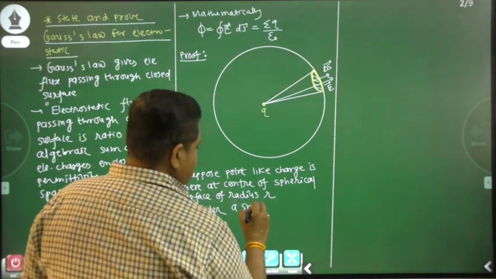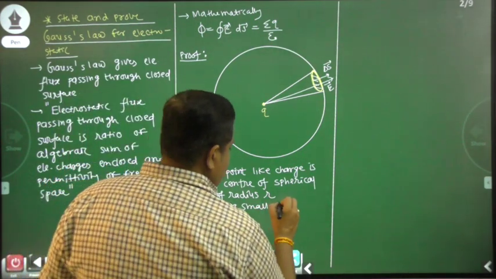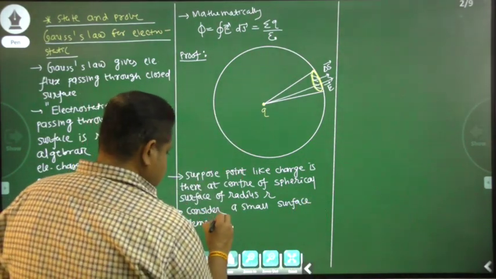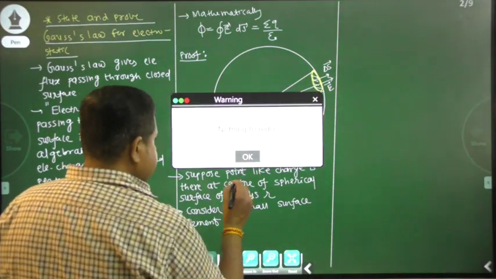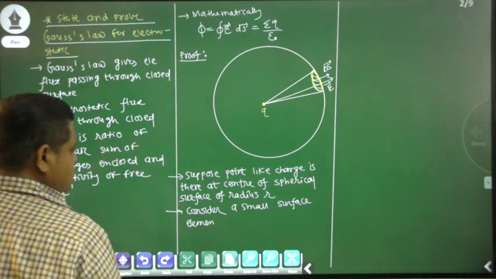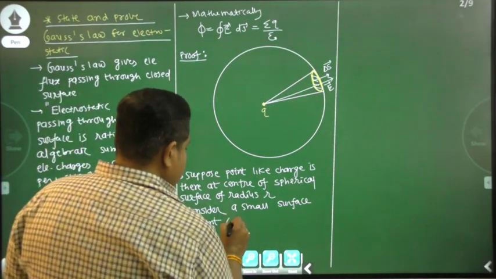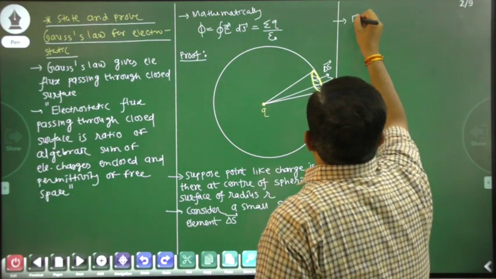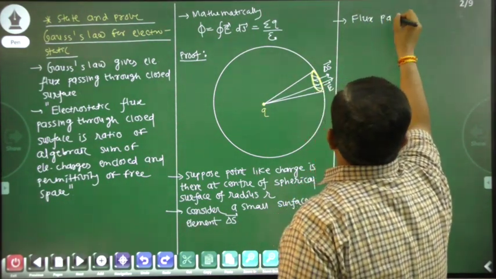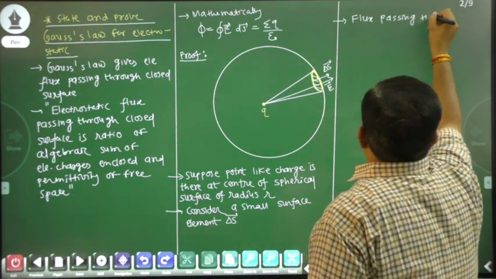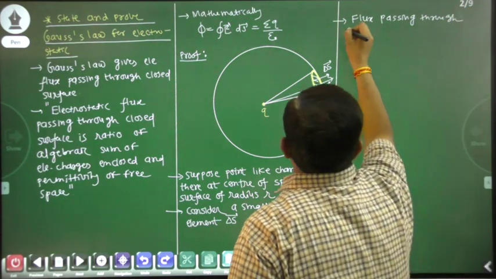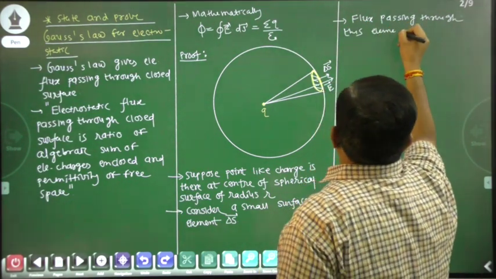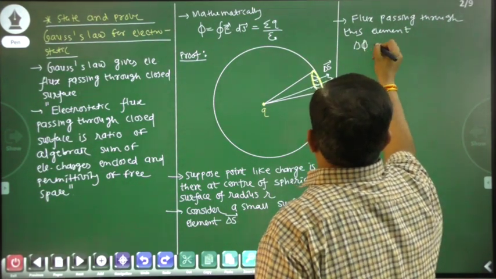Consider a small surface element delta S. Flux passing through this element, suppose it is delta phi.